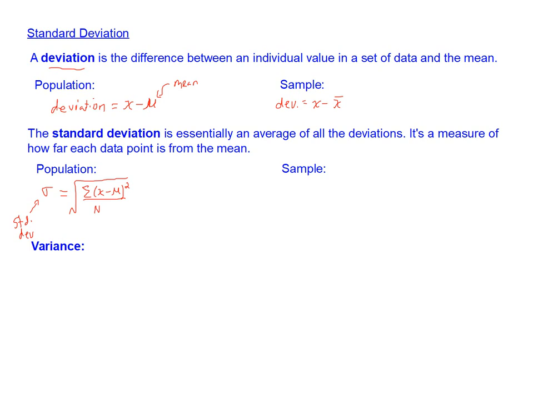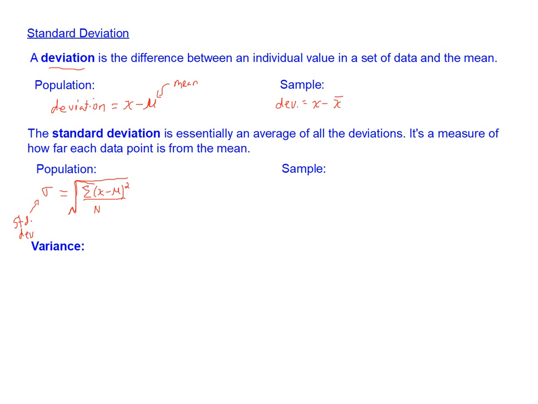So we square them all so they're all positive. We divide by the number of data points because we're trying to find an average, and then we take the square root here, to undo the effect of squaring. So this gives us the standard deviation. It's an average of how far each data point is from the mean. We'll look at how to calculate it in an example.